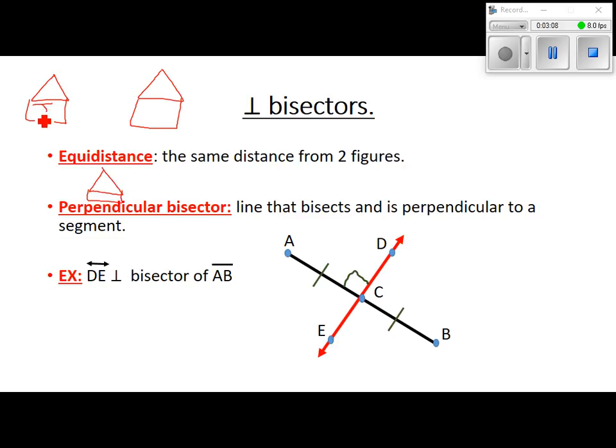This is John's house. This is Fred's house. And this is Sally's house. And I say John and Fred's houses are equidistance from Sally's house. What's that telling you about those 2 segments right there? They're equal, they're the same. That's all equidistance means. Don't make it harder than it is. It means they're the same distance.